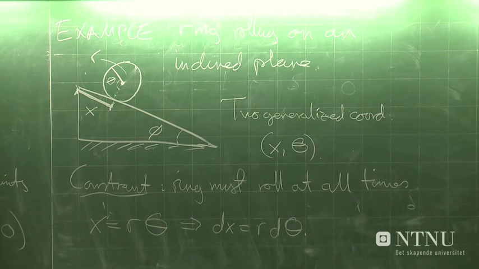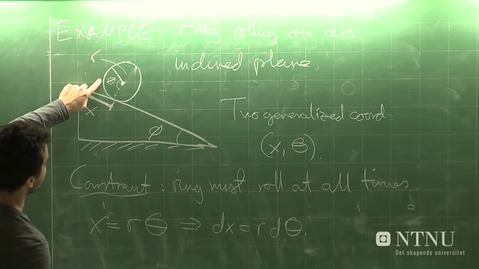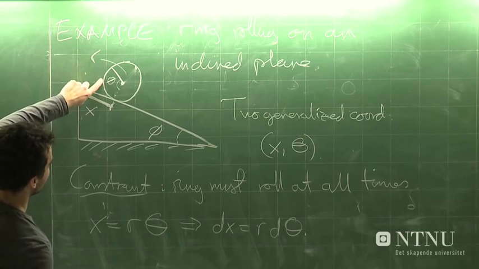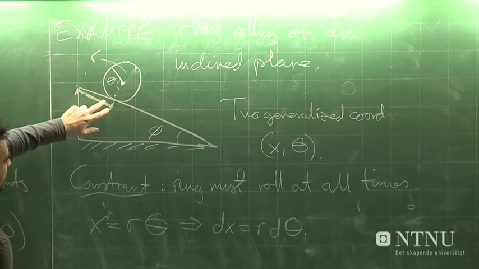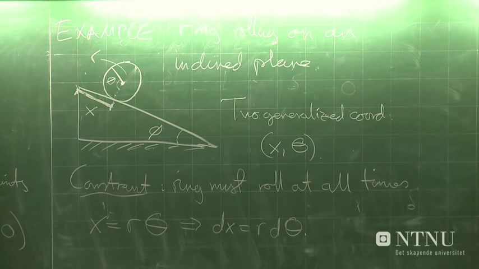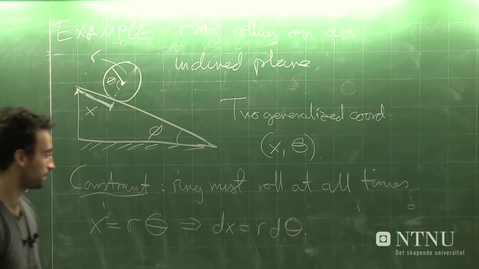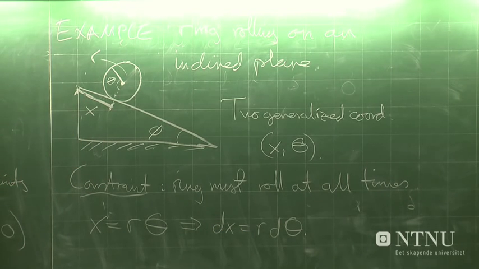Using what I know of mathematics and the distance on the outside of the ring. So you're basically saying that the distance on the outside of the ring always has to match the distance traveled on the plane. This is what this expression says. Very good.